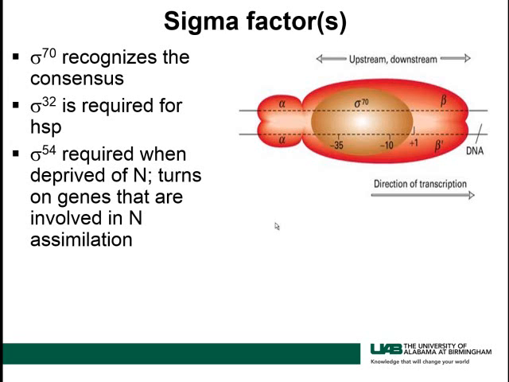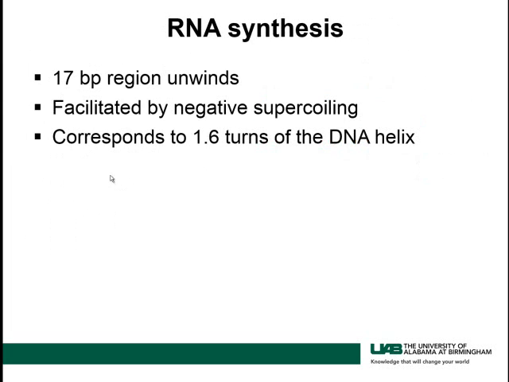There's another, sigma 54, required when an organism is deprived of nitrogen, and it turns on genes that are involved in nitrogen assimilation. And so there's a number of sigma factors, and the specific sigma subunit that is used depends on the gene that is being transcribed.